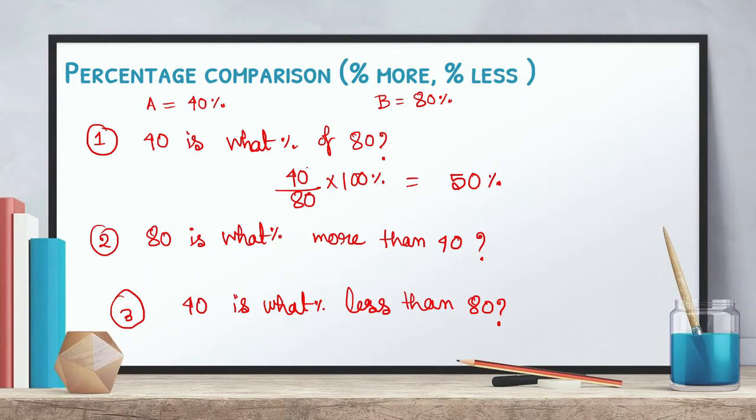How? Because this 40 will be cancelled with 2, and 100% by 2 is equal to 50%. So when I ask you 40 is what percentage of 80, it means 40 out of 80 cross 100%, and it is equal to 50%.